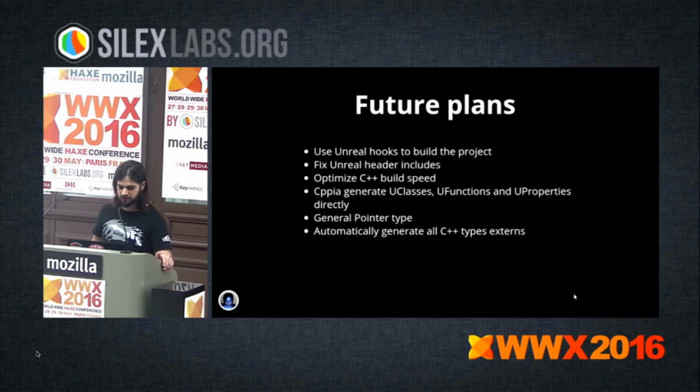Unreal uses Doxygen to generate its documentation, and we want to be able to use that as well so we can get the type info and generate the externals from that. So this would give us the whole API directly. Also there are a bunch of other minor improvements, like supporting more operators and more functionality.